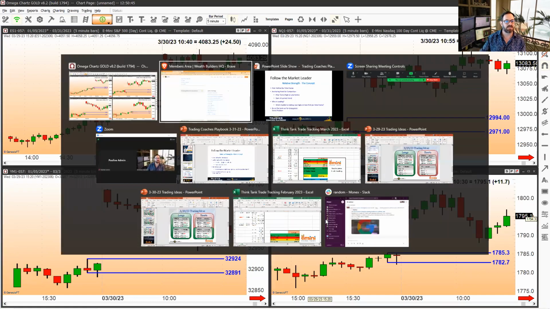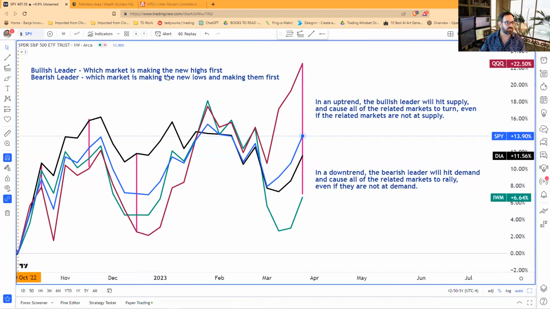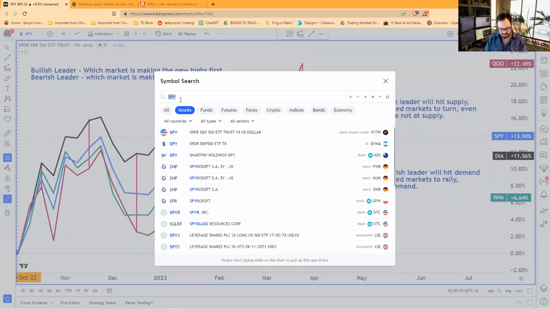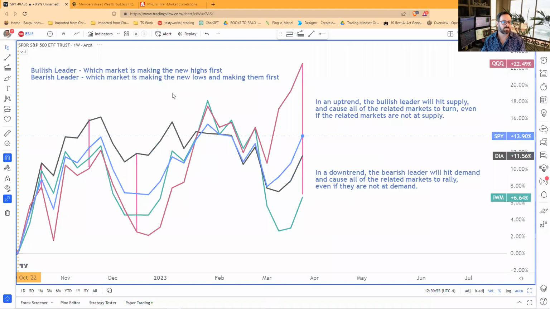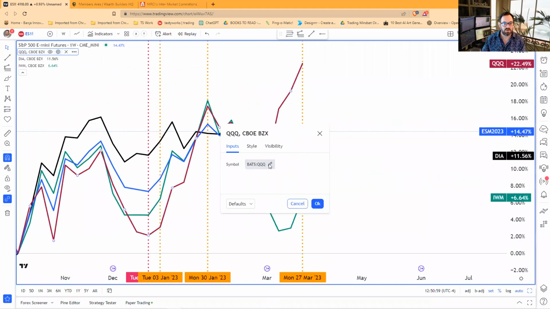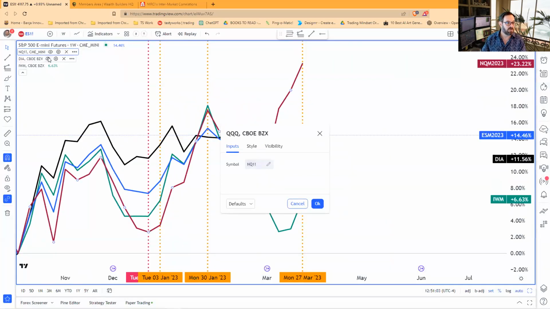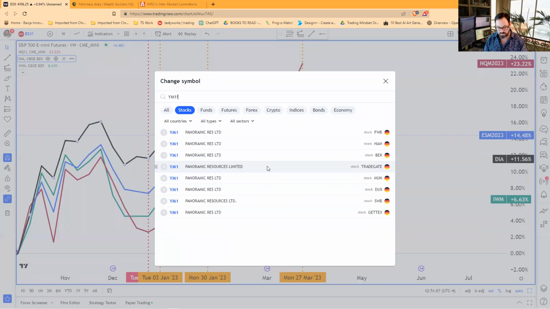Let me see if I can do this right here. Let's see. Yep, that's what I needed. And unfortunately, I have the wrong symbols up again. So let's do ES. It only takes a moment. And Q. YM.